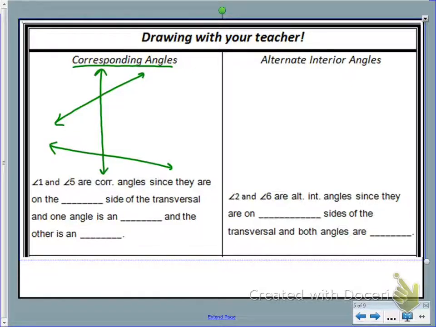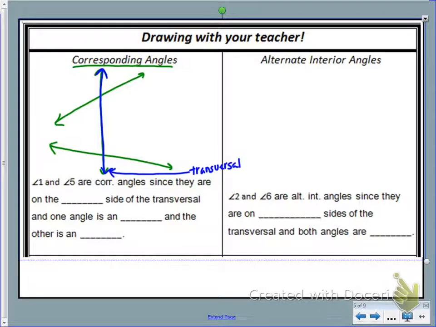So all of the angle relationships we're going to look at in the next few minutes are created with the same scenario. We have 2 lines and then a line that intersects both of them. In this case, the line that intersects both of them, I'm going to draw in blue, and that's what we call a transversal. So a transversal is just simply a line that intersects 2 other lines.